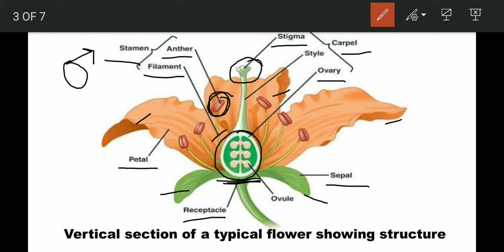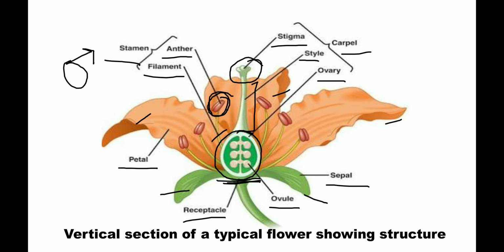Inside the ovary are present small seed-like structures called ovules. And the tube-like portion connecting the stigma to the ovary is called the style. So in this way we have discussed all the parts of the flower, or we call them floral appendages. Is it clear to all of you now?